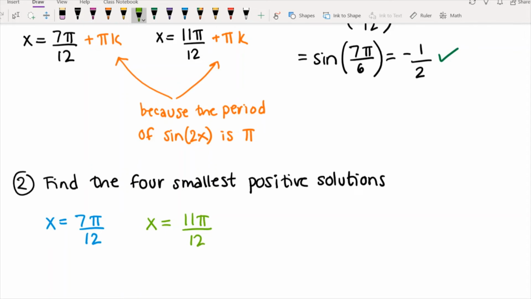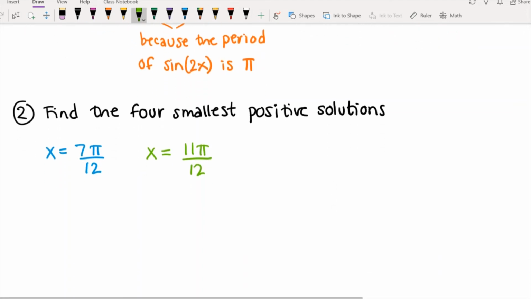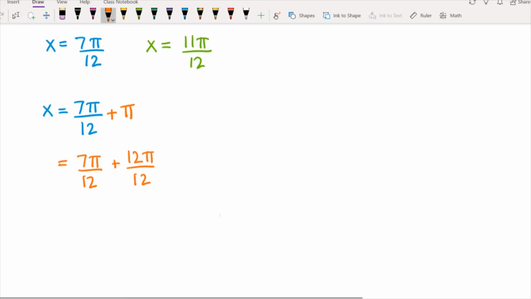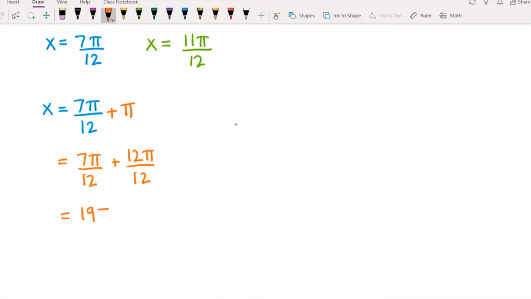And then how do we find 2 more positive solutions? Well, we know that if you add pi to any solution that you get, you're going to get another solution. So we can come up with another solution by saying x is equal to 7 pi over 12 plus pi. So what would that give us? Well, if we make a common denominator here, we would get 7 pi over 12 plus 12 pi over 12. And so altogether, that would give us 19 pi over 12.